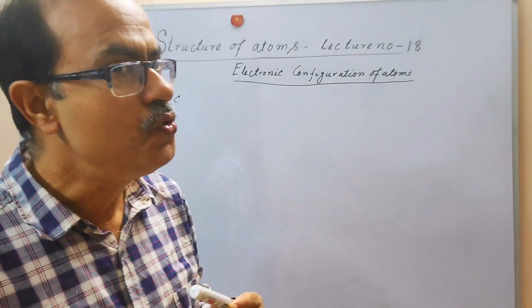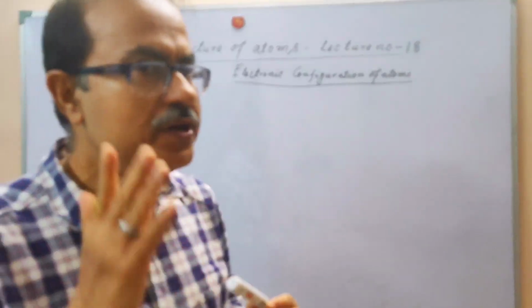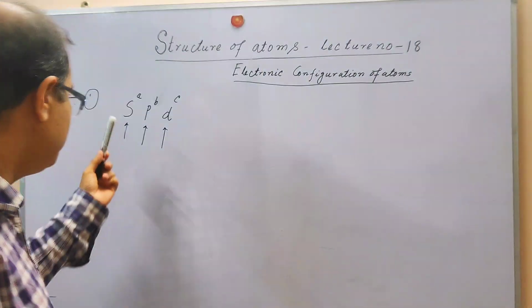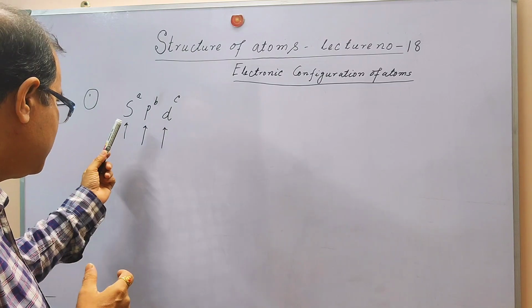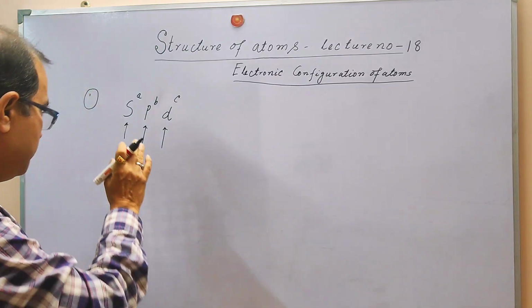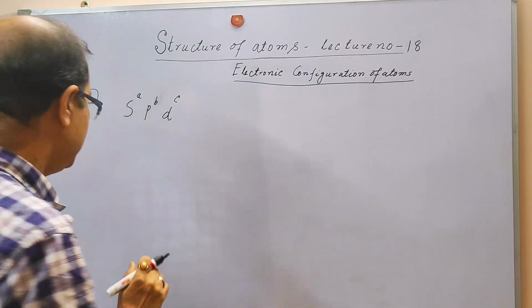If it is shell number 2, this is 2. Likewise, you have to put the numbers 1, 2, 3 on the left hand side of this subshell. So let us understand how this subshell notation is followed while writing the electronic configuration.